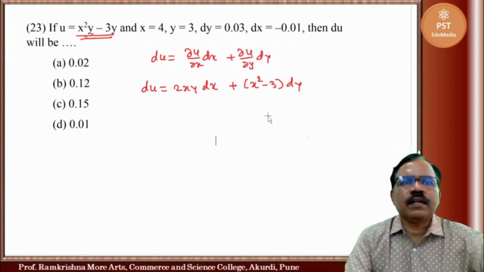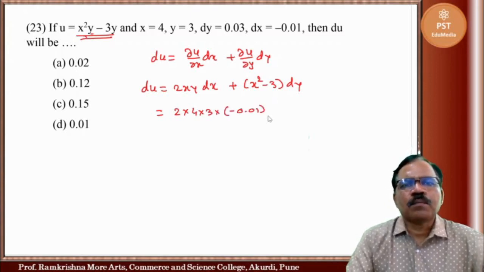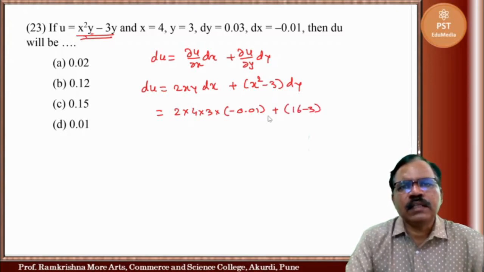Here it is 2 into 4 into 3 into dx, which is −0.01, plus x², that is 16 − 3, into 0.03.